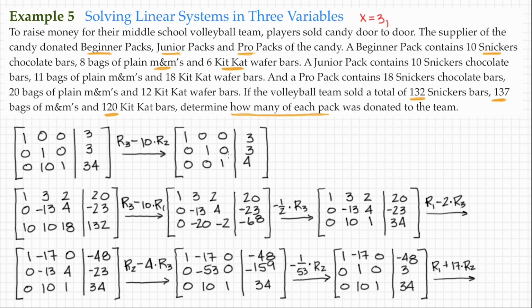Y is our junior pack, so Y is equal to 3 junior packs were donated. And Z represents our pro packs, so Z is equal to 4 pro packs were donated. Now again, in order to check this, we're going to put these values back into the system of linear equations, which should satisfy the system. So we'll check it out.